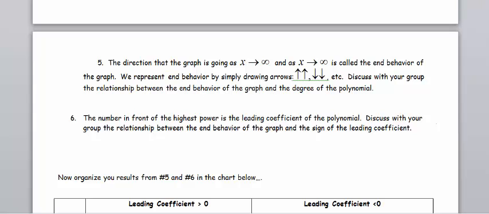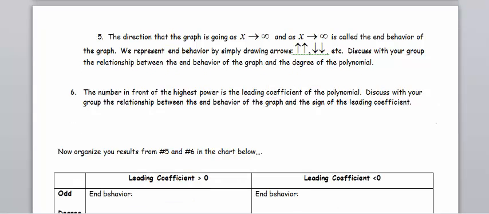So, the direction that the graph is going as x is approaching positive infinity is going to be important. And then I forgot on here, that should be a negative sign right there. I'm sorry about that. So we look at what happens to the graph at the end of each of the two sides. And so is it going up or is it going down?